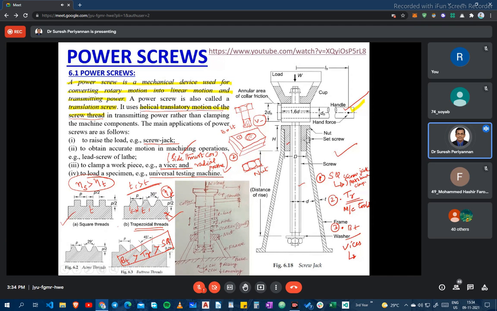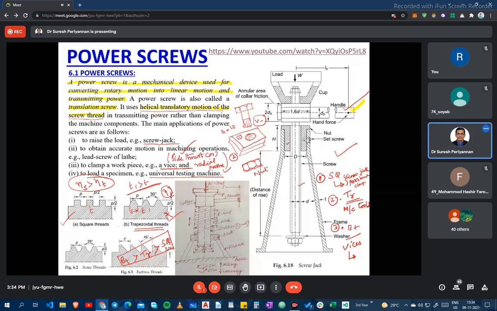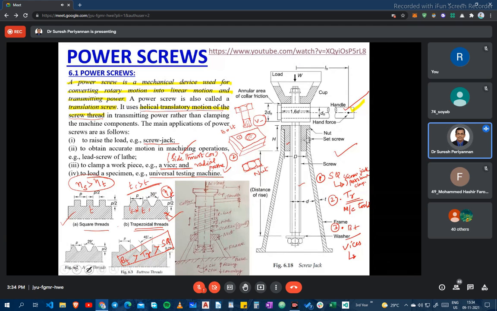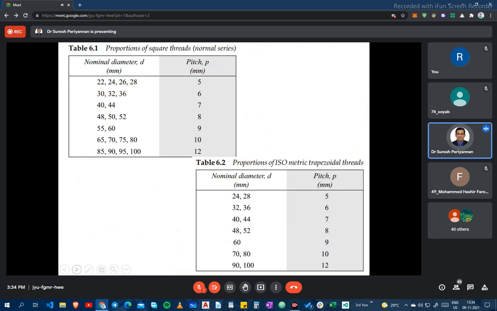Now I come to what I told you, that there are two important threads. Basically we are classifying into square thread and isometric trapezoidal thread, right? Based on this, the international standards declared some tables, and we follow the table for preparing these threads.